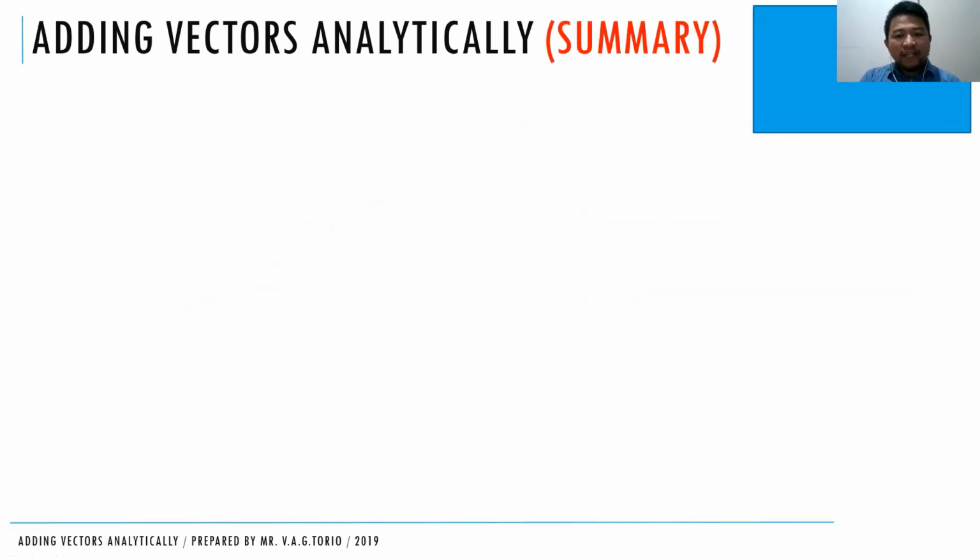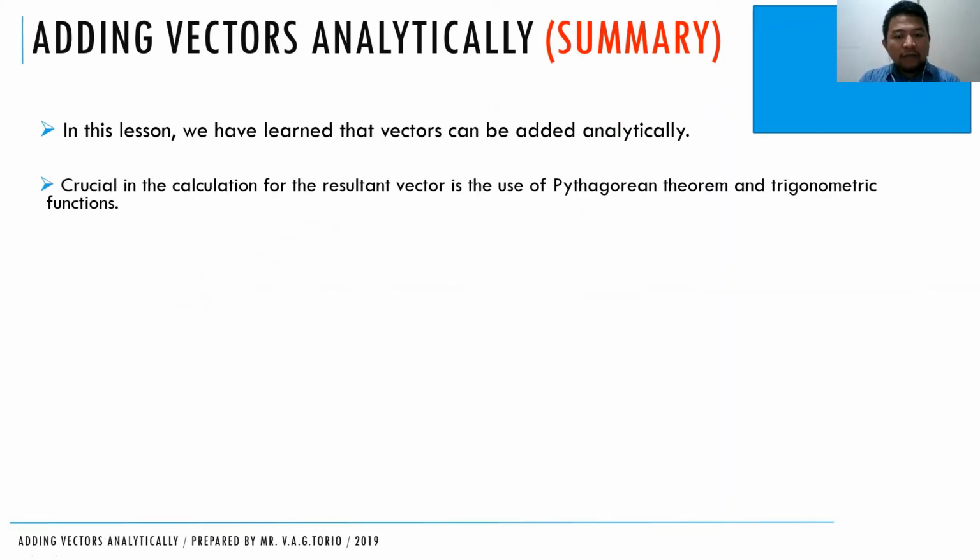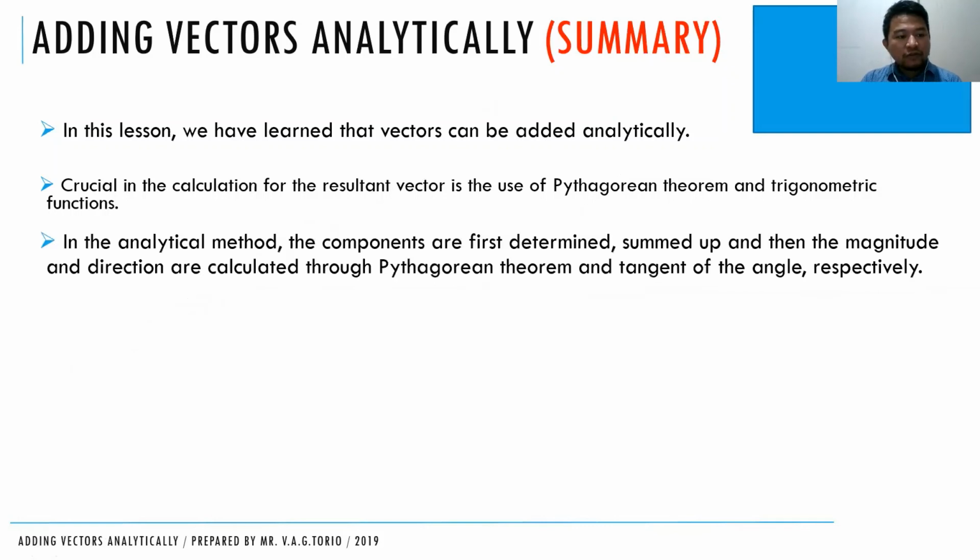As a summary, in this presentation, we were able to recall basic concepts, the Pythagorean theorem and trigonometry, essentially the basics of sine, cosine, and tangent, in order for us to be able to use those concepts in adding vectors analytically.